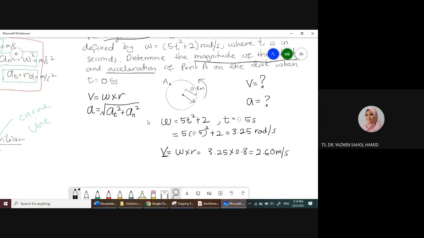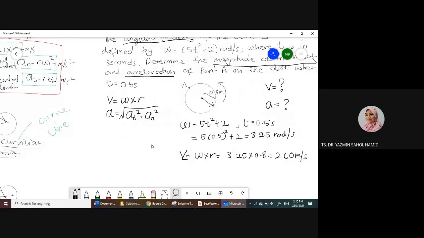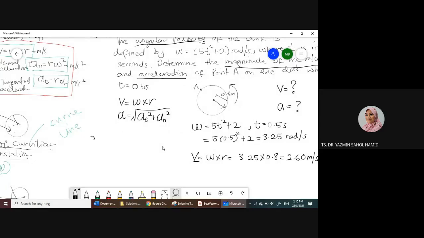Next, you need to find AT and AN. What is the formula for AT? AT equals R alpha. But do we have alpha? We don't have alpha, we have to find alpha.